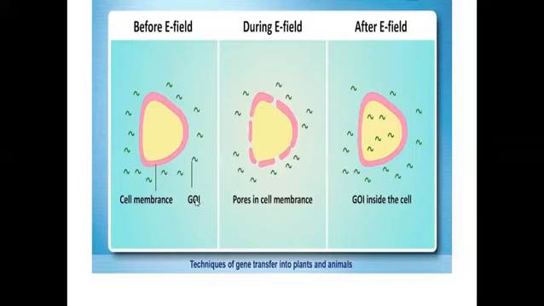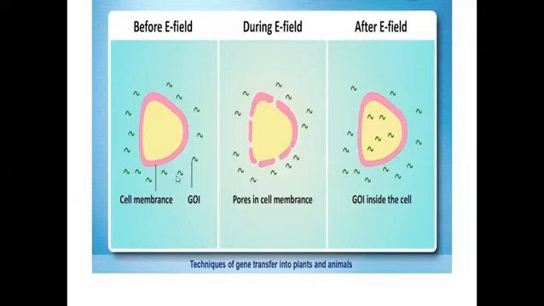When we select the GOI, gene of interest, and target plant cells, these two are mixed in one mixture. The small chamber is used as an electroporation chamber.